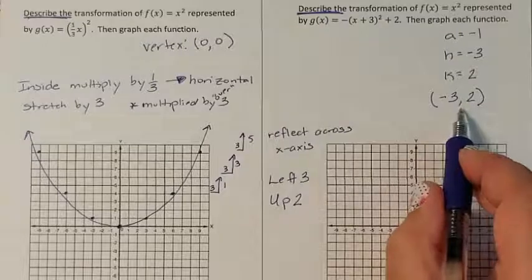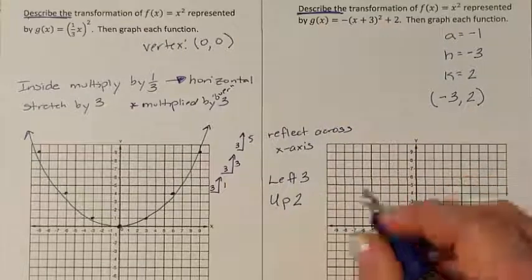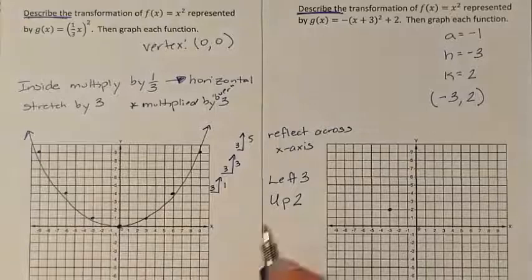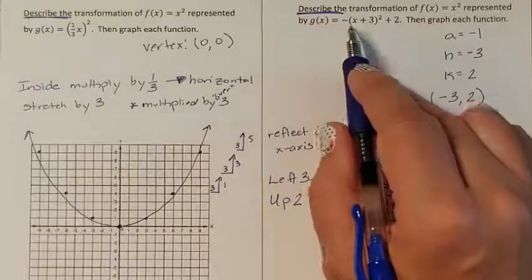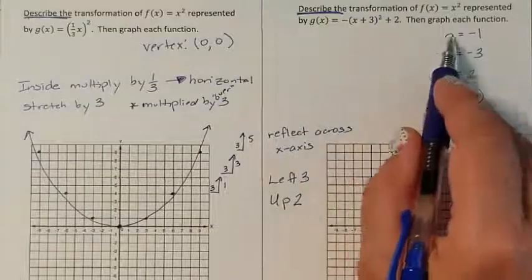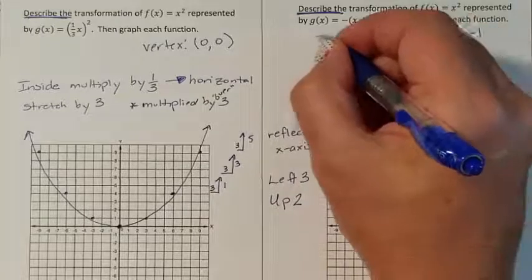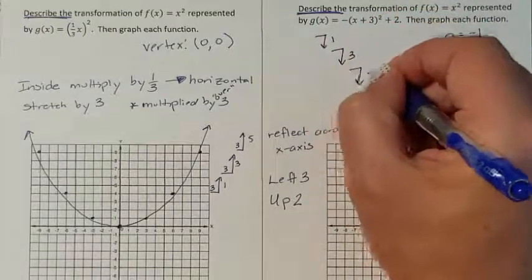You can verify that that is accurate because if you go to the left 3 and then up 2, this is supposed to be our new vertex, and that exactly is the vertex you found using your chapter 2 skills. So chapter 1 and 2 go hand in hand. I'm supposed to reflect across the x-axis because that's what A says, and that's the only move. So that meant that I am now going down 1, down 3, down 5.